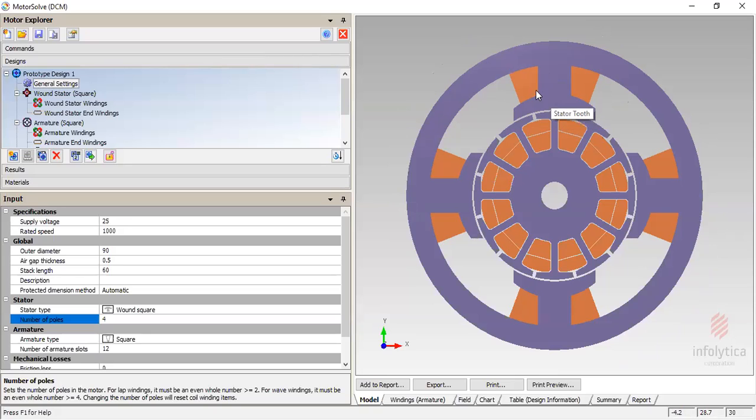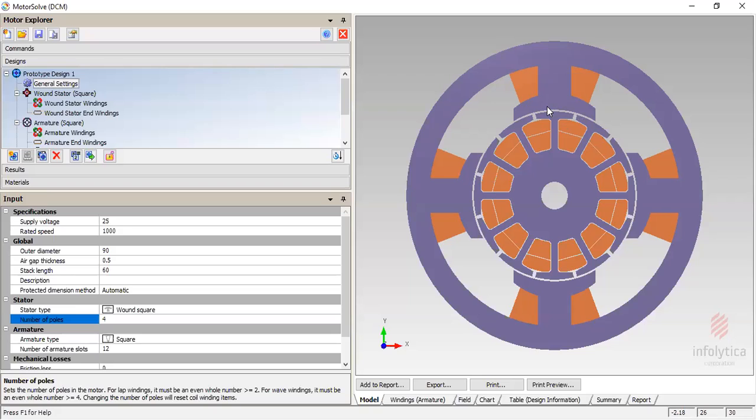Just remember this point. This is important when the flux is traveling in the poles. The width of the pole should be 2 or more times the back iron width, right?